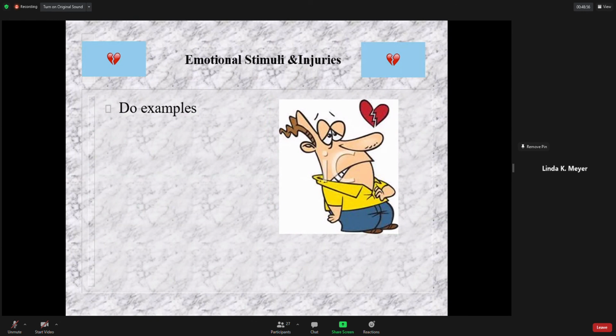So there are also what are called emotional stimuli, something that can really impact your life and can lead to injury. They have the saying that a person died of a broken heart, or the stress of losing a job, loss of a pet, can be a stimulus for various injuries.